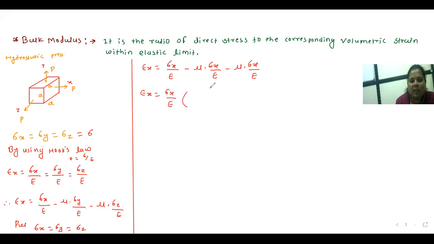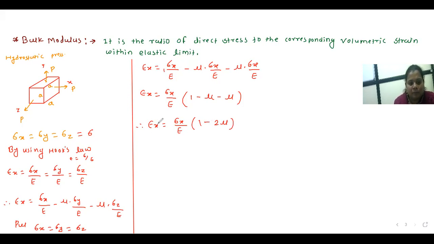So what is remaining in the bracket? 1, minus mu, minus mu, because from this sigma x upon E we have taken common, so here 1 is remaining, minus mu, and from the third term minus mu. Therefore epsilon x is equal to sigma x upon E in bracket 1 minus mu and minus mu, which is minus 2 mu.